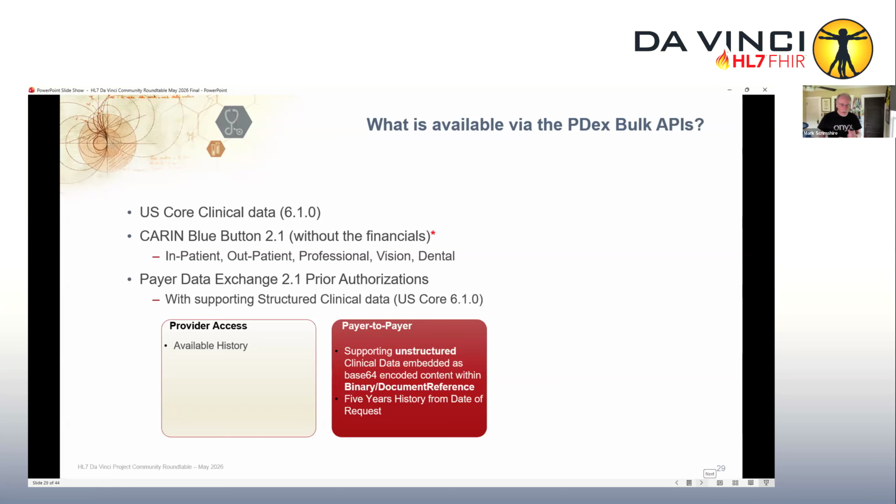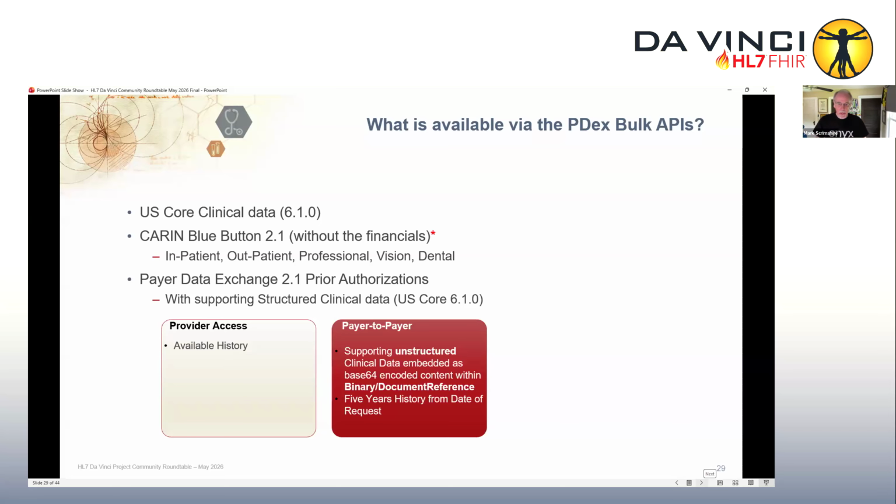Now, there is a subtle difference here in the API ruling in terms of the content, and that is that CMS has actually said, and it's really driven by the timeline required for one payer to respond to another during enrollment, that both the structured and the unstructured data should be available through the payer-to-payer API. So the question would be, how do you do that?